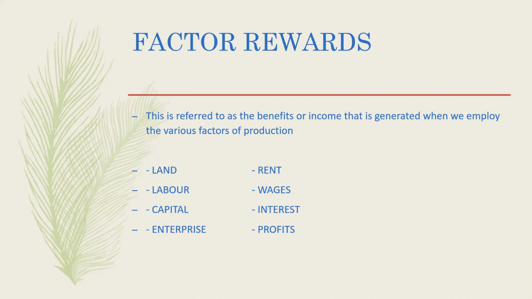So when we have land, what can we do with it? What kind of income can we get? What kind of reward can we get from land? We can get rent. We can rent out land. We can build something on a piece of land and rent it out.